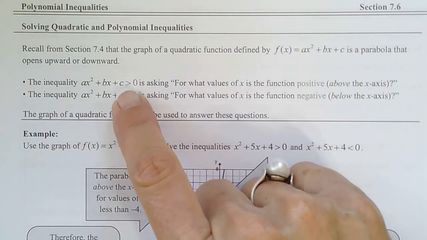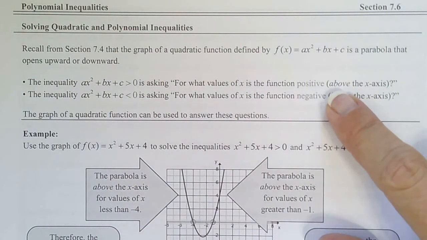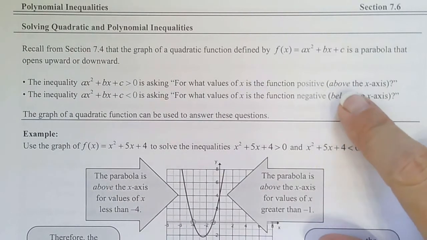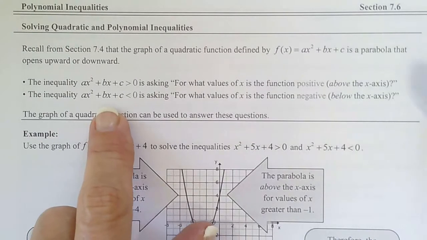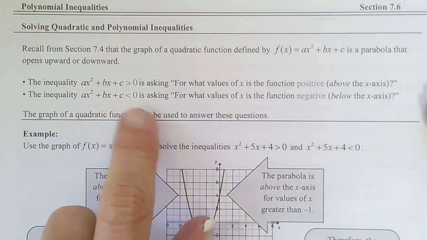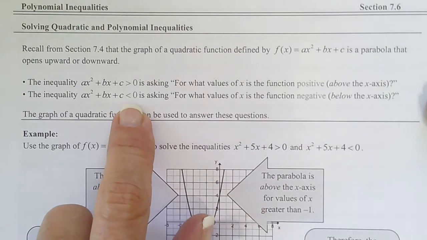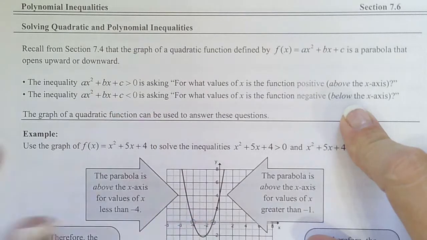Because isn't that what greater than 0 means, positive? And in reality, positive means when is it above the x-axis? And we're also going to work with having a quadratic less than 0. Well, anything less than 0 is negative, but on a graph, that means where is the graph below the x-axis?